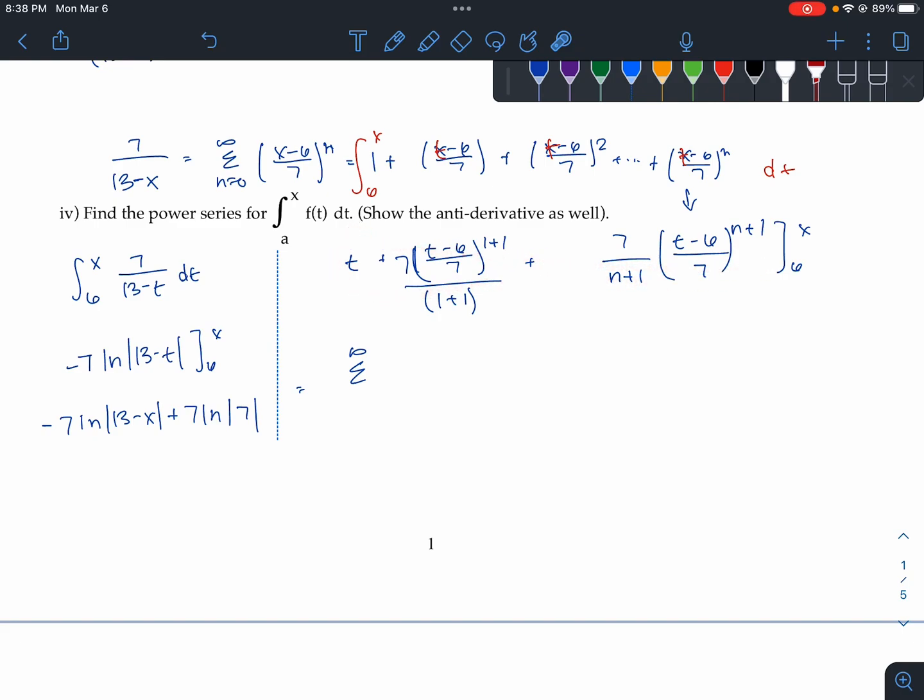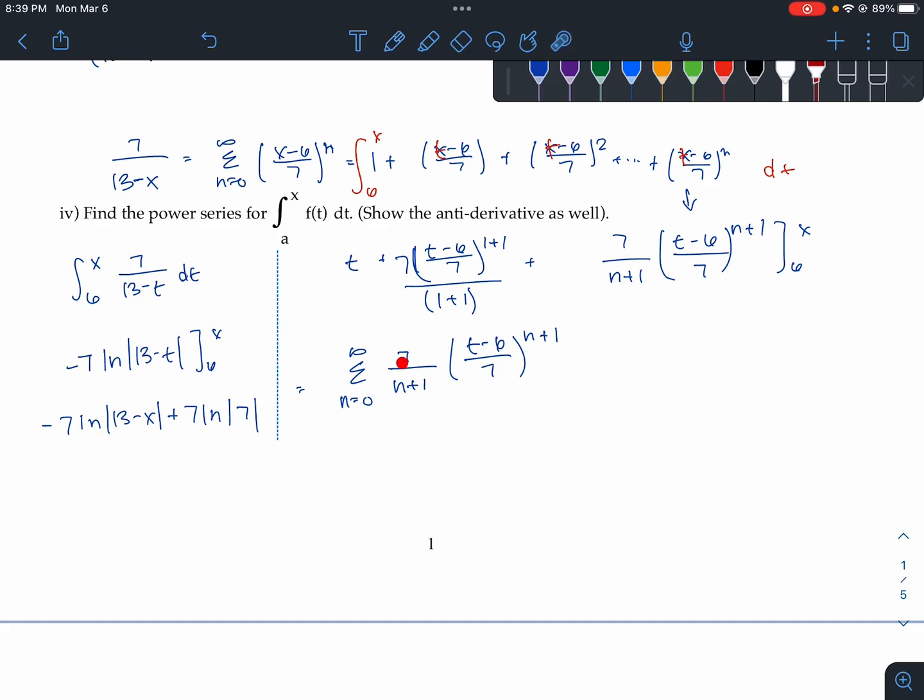The first term is going to go away, and I'll show you in the next step, maybe if I have time. In any case, this is going to be from n equals 0, 7 to the n plus 1, t minus 6 over 7 to the n plus 1.